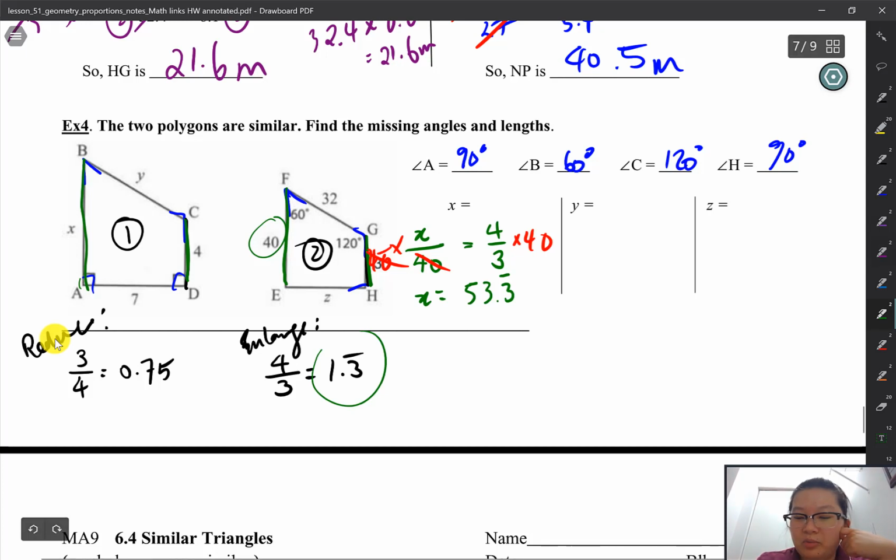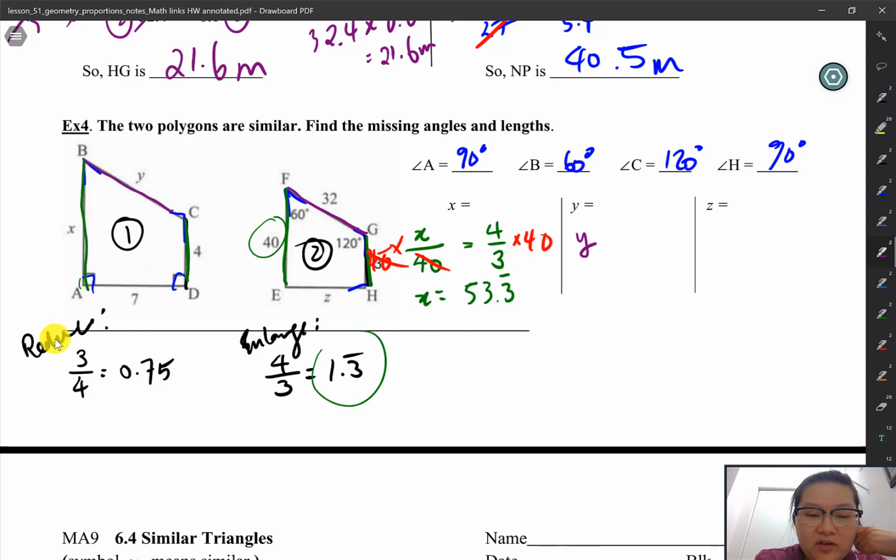I am going to use purple for this one. y is over here, this diagonal line, which corresponds to 32. I am also using this other method. I'm going to use y on top because it's always easier to have a variable on top. y over the similar side, which is 32, is going to be equal to another ratio, which is going to be 4 over 3 to keep the ratio the same. The ratio of 1 to 2.